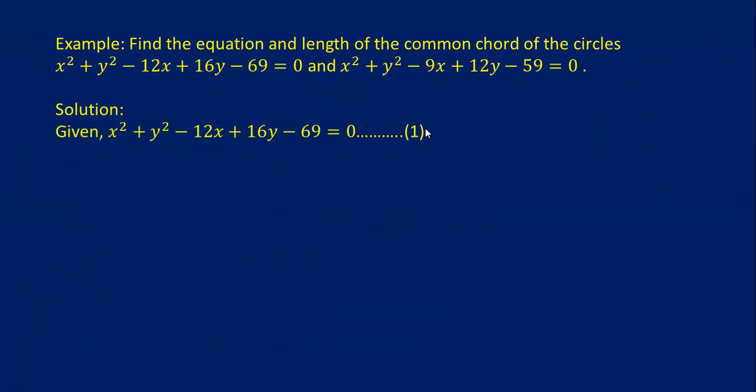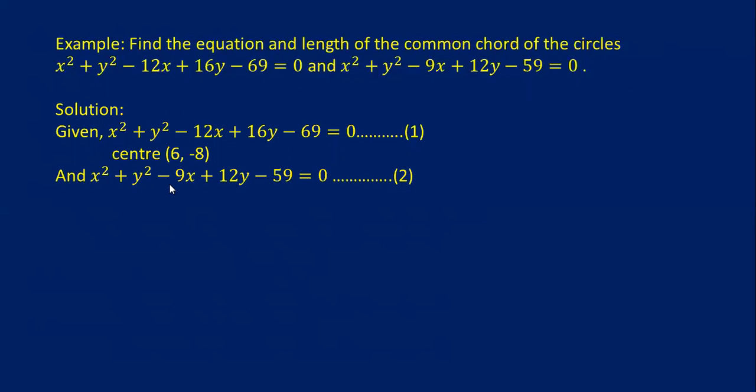Circle 1: x squared plus y squared minus 12x plus 16y minus 69 equals 0. The center has 2g = minus 12, that means g = minus 6, and 2f = 16, that means f = 8. Now similarly equation 2: x squared plus y squared minus 9x plus 12y minus 59 equals 0. That is 1 and 2. We have to find the equation.